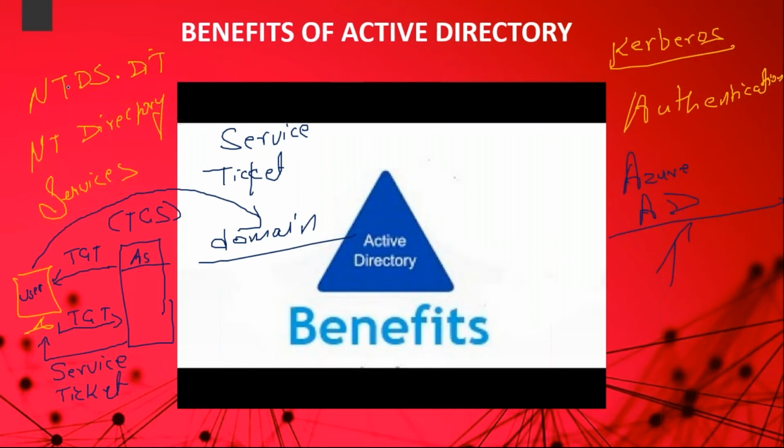Large organizations use multiple domain controllers because they have different admins. All the domain controllers contain the same information, and we can maintain consistency, as it implements a synchronization mechanism to ensure all domain controllers have consistent data, right? So this is a bit about these things.